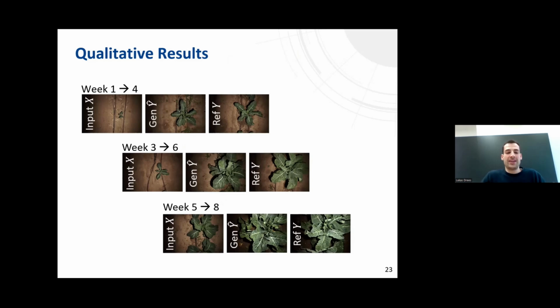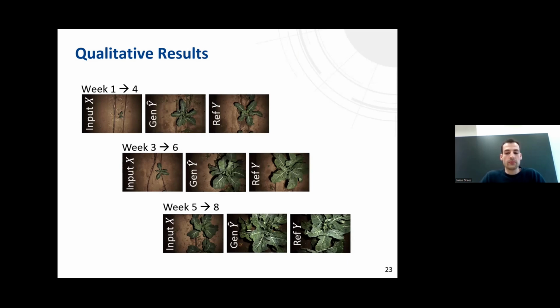On the left side, there are the input images, in the middle, the generated images, and on the right side, the corresponding reference images. And as you can see, the generated images overall, and really also the cauliflower head inside, look quite realistic. Of course, you can still measure some quality differences, and you will also find some blurrings and unnaturally shaped leaves. But the overall impression, I would say, is quite good.